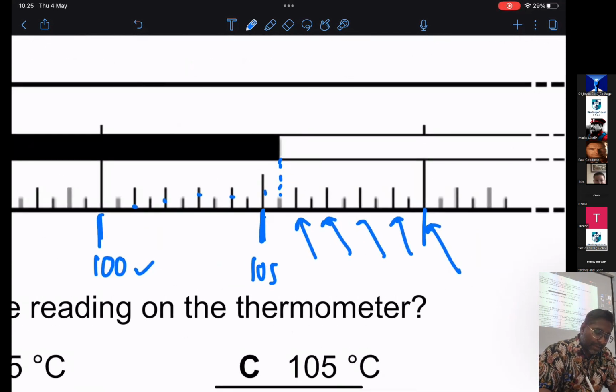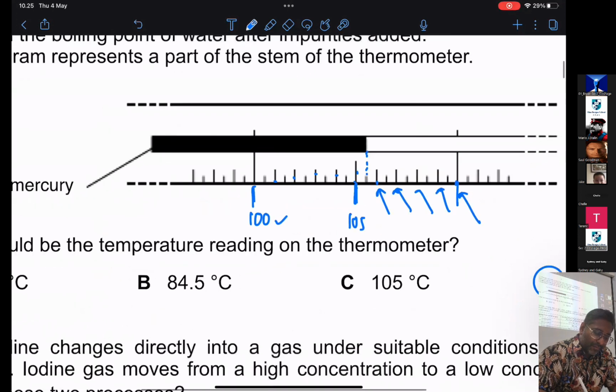If you take it over here, what is this? 1, 2, 3, 4, 5. So this is 100. This one will be 105.